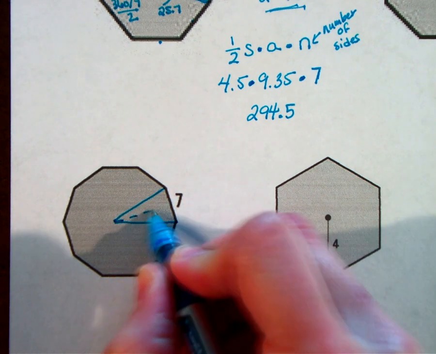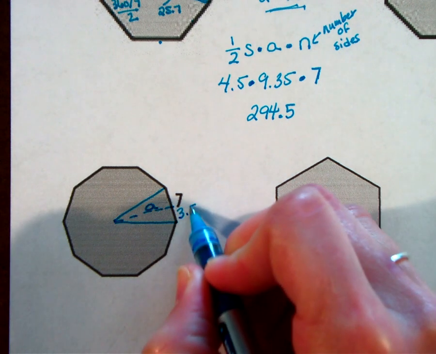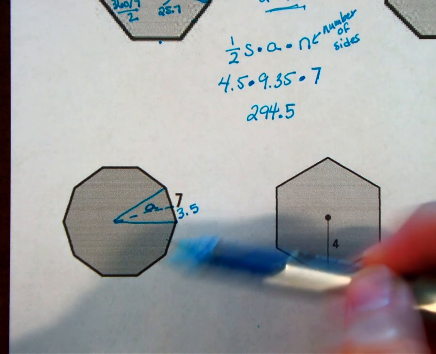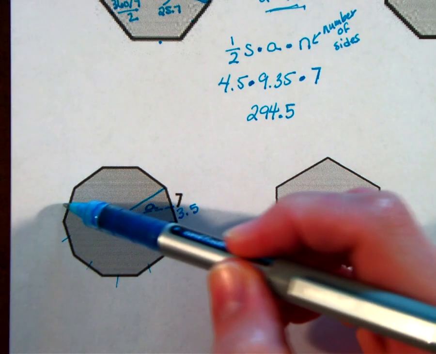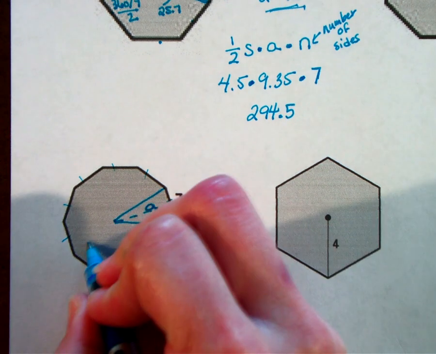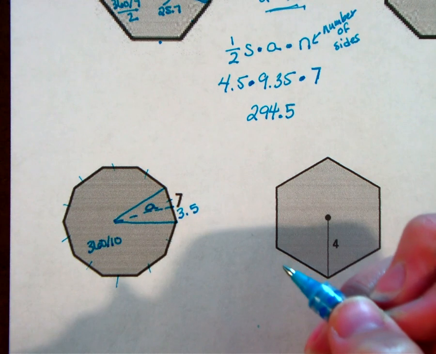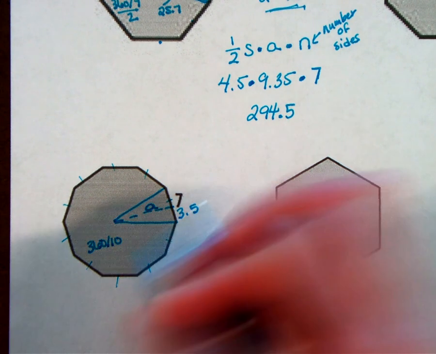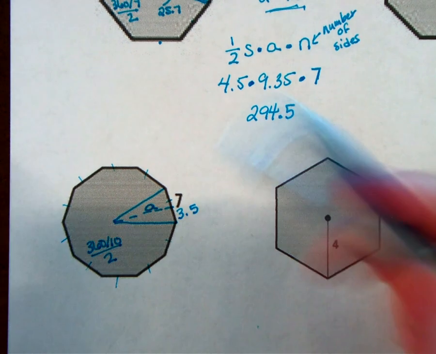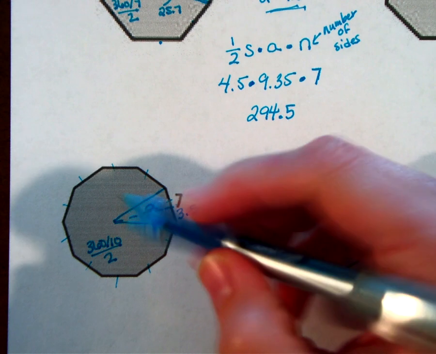So I'm going to break this in half. Here's my apothem. 3.5. 1, 2, 3, 4, 5, 6, 7, 8, 9, 10 sides. So 360 divided by my 10 sides, which is 36, but I need to cut that 36 in half because I have cut my triangle in half to put the apothem there.